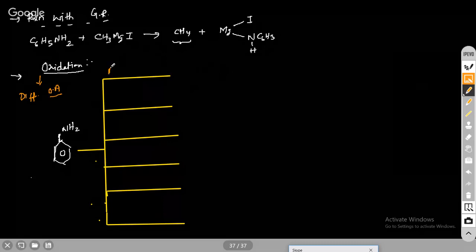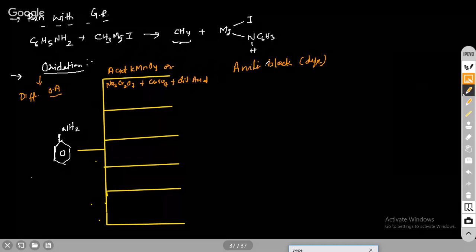Aniline when it reacts with acidified KMnO4, or with Na2Cr2O7 plus CuSO4 plus dilute acid, you will get aniline black, which means the color will be black.